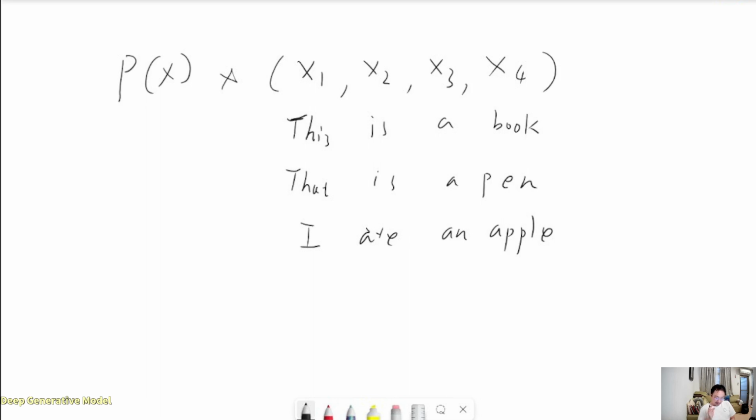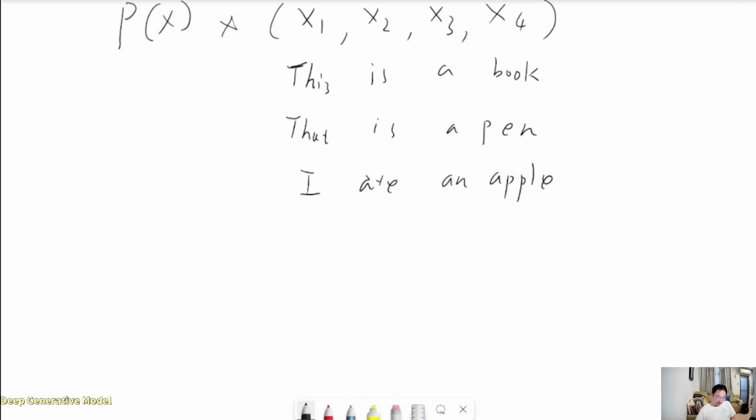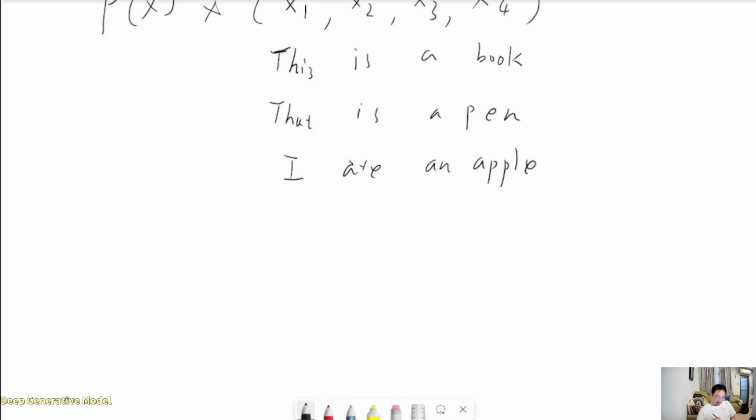So given any combination of English words, we can give a probability of whether it is natural, whether it is actually an English sentence.